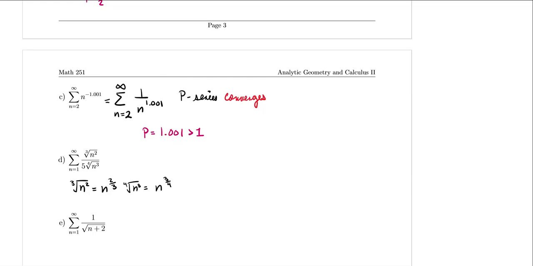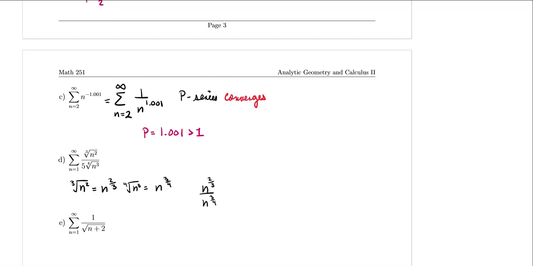So if we have a ratio of the cube root of n squared and the fourth root of n cubed, then we can simplify that, and I'll do it here. So n to the 2/3 divided by n to the 3/4. Now, which of these is bigger?